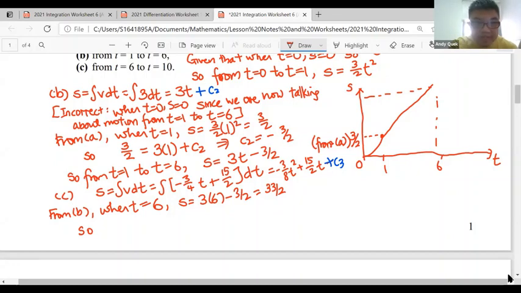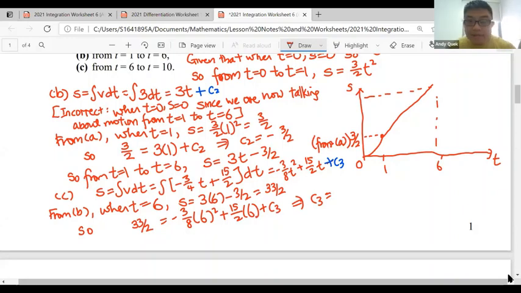So the new s is 33 over 2 equals to this one, times 6 plus C3. Okay, and then you work out what is C3 over here. Negative 15 is what I get.